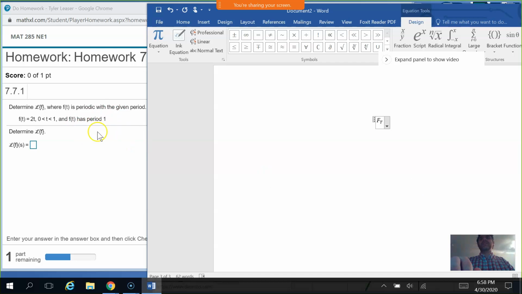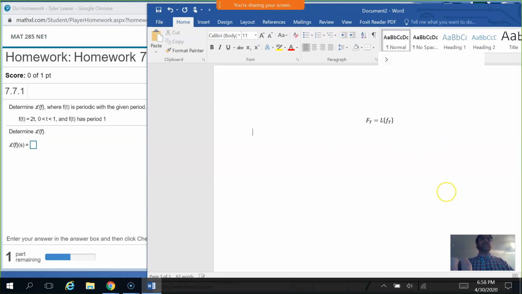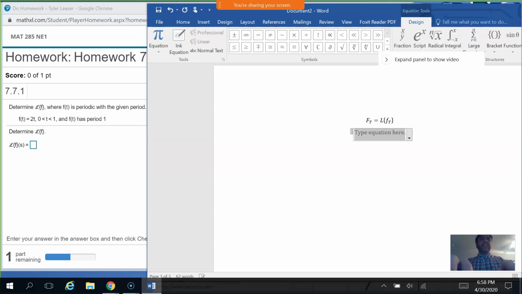So here the T is really going to be represented by 1. I guess you can think of this as the Laplace transform of f of little t. Same notation here.